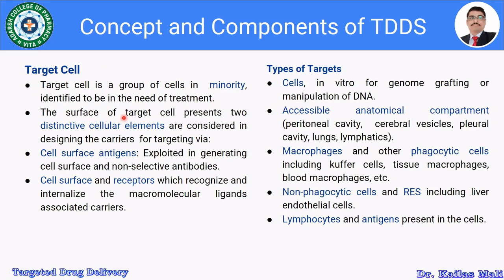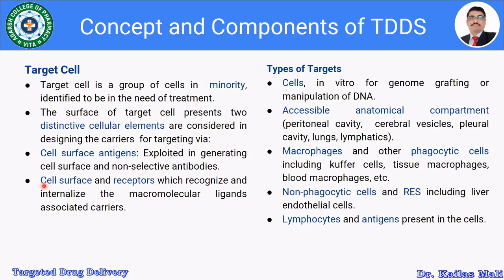The surface of the target cell presents two distinctive cellular elements that are considered in the designing of carriers for the targeting. Very first one is the cell surface antigen, and second is the cell surface receptors. The cell surface antigen is exploited in generating cell surface specific antibodies.